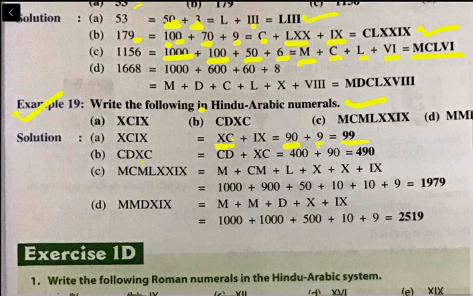CDXC: C is on the left hand side of D, so CD is one unit. CD and XC. CD stands for 400, 500 minus 100, and XC: C stands for 100, 100 minus 10 is equal to 90, and so 490.